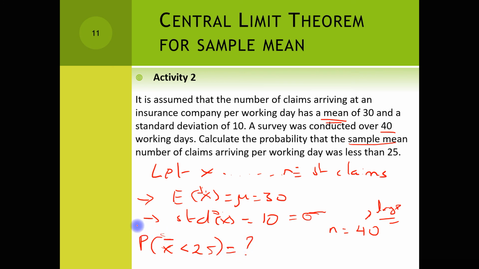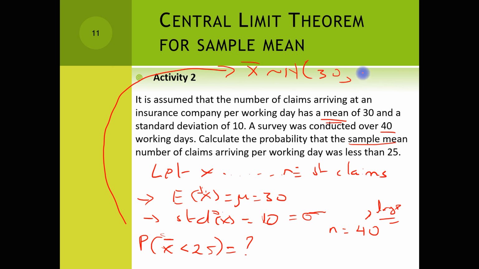To be able to do that, I don't have space, so I'm going to write it up there. You need to know the distribution of x bar. If you don't know the distribution of x bar, you won't be able to calculate the probability of x bar. But the distribution of x bar is what? It's a normal distribution with mean mu of 30 and variance sigma squared over n.